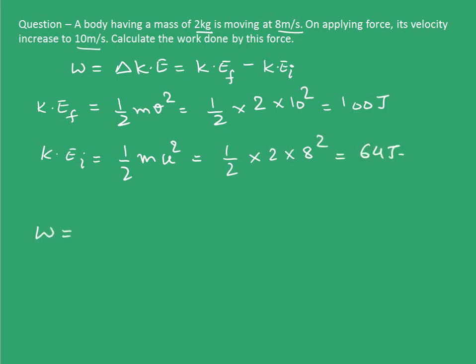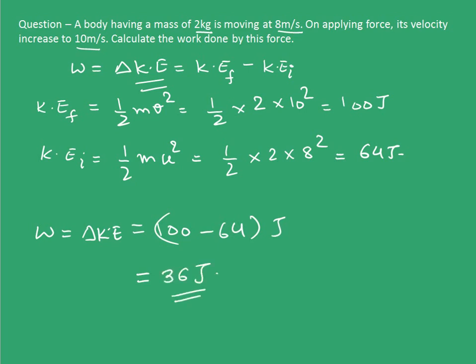Now work done is delta KE, as I told here, which is 100 minus 64 joules. This turns out to be 36 joules. Hence, the work done by this force is equal to 36 joules.